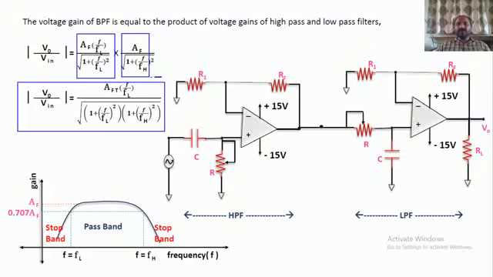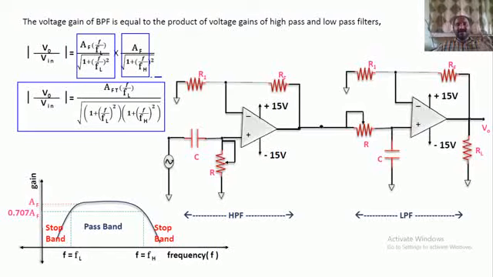Remember, when two blocks are connected in cascaded manner, the gain of the complete circuit is nothing but the product of the individual gains which participated in the cascaded connection. Okay, don't get confused.